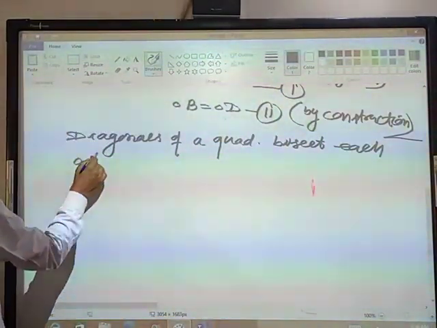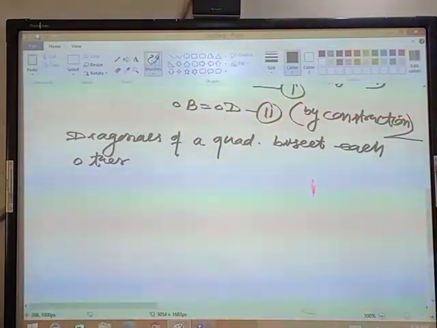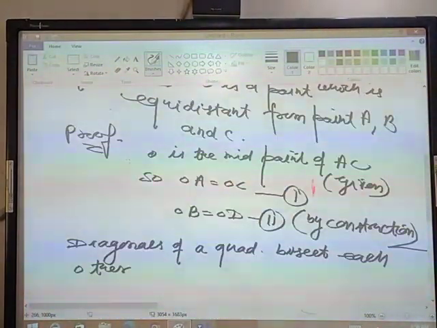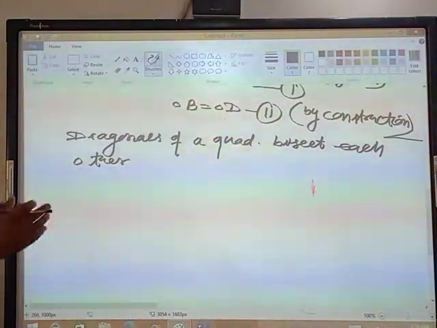Bisect each other. Diagonals of a quadrilateral bisect each other. OA is equal to OC, OB is equal to OD. So quadrilateral ABCD will be a parallelogram.